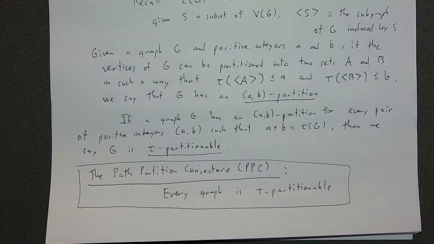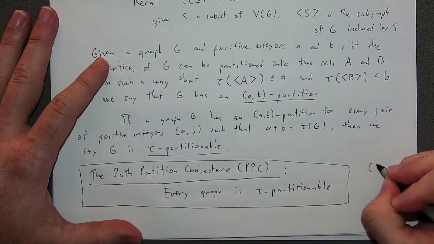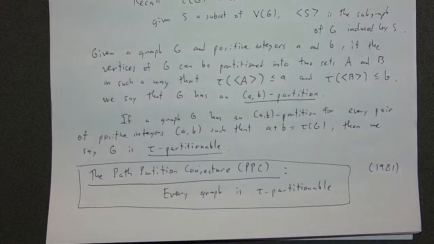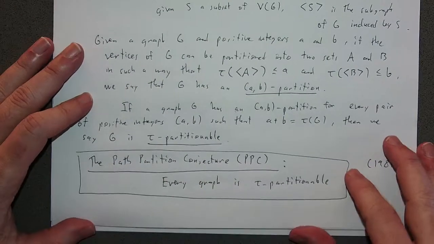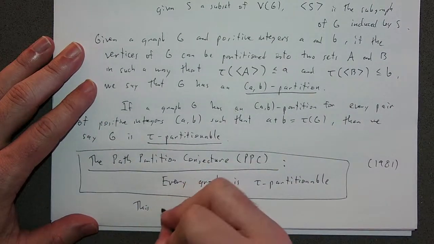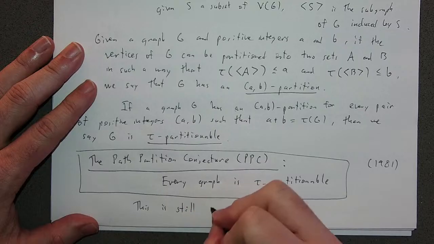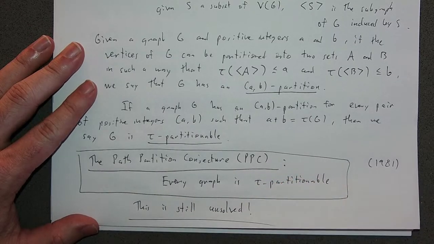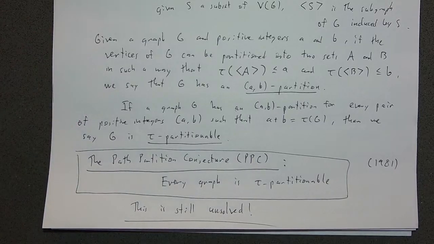Okay, this was first mentioned in '81. There's been a lot of progress, but it is by no means solved, so this is still unsolved. You'd be very famous in the world of graph theory if you could resolve this question.